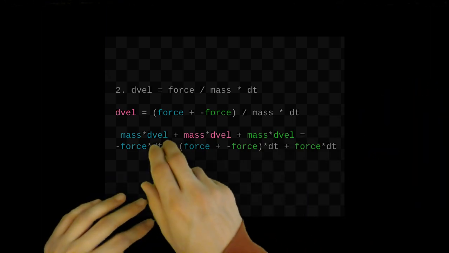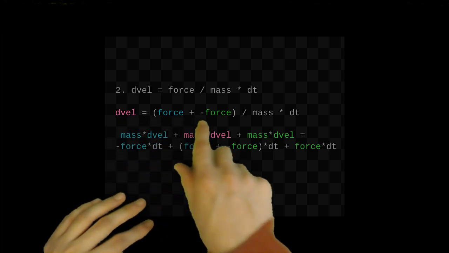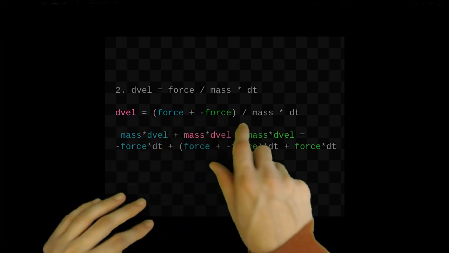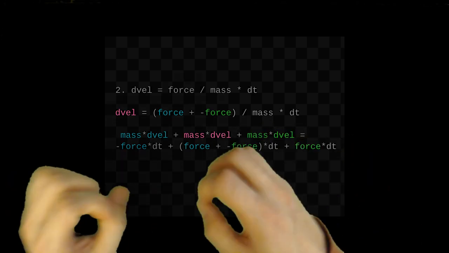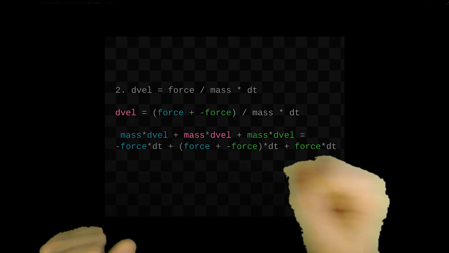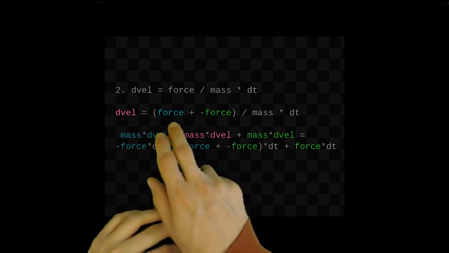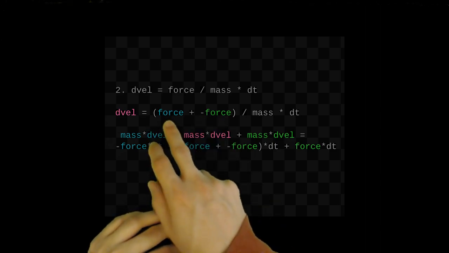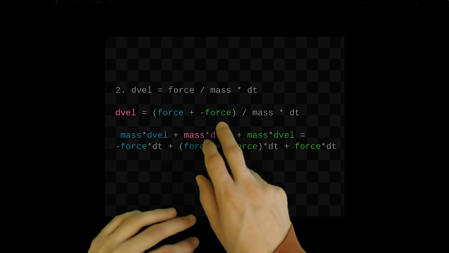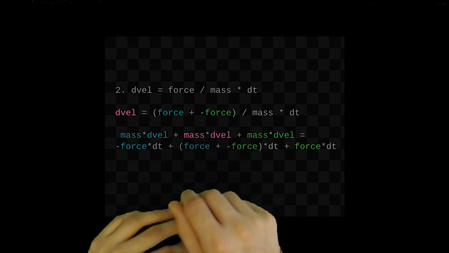The red object's delta velocity is going to be equal to the force it's experiencing during the collision divided by the mass times dt. But when all 3 objects are colliding at once, the red object is feeling a force from both the blue object and the green object, a positive force from the blue object and a negative force from the green object.